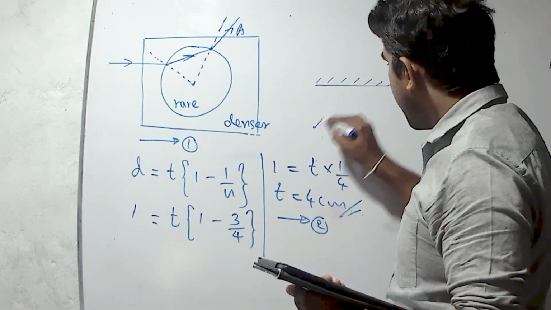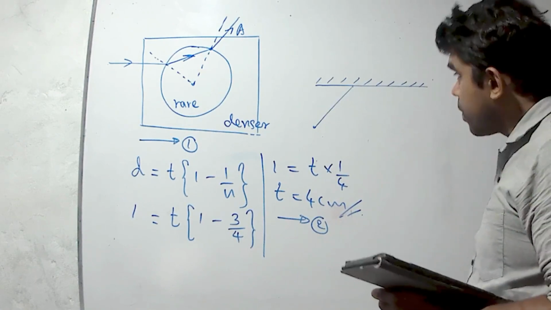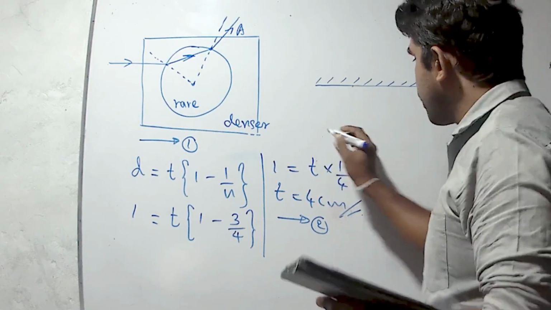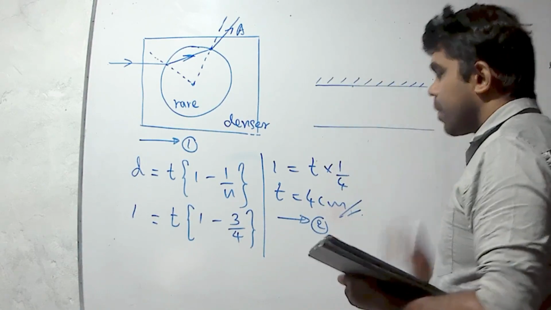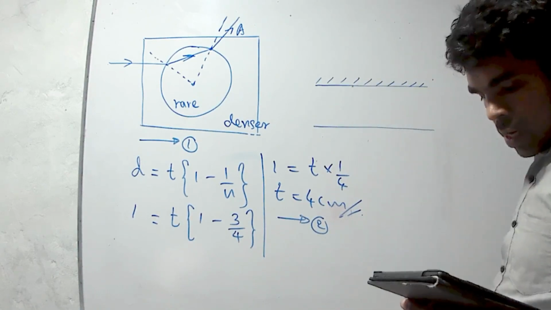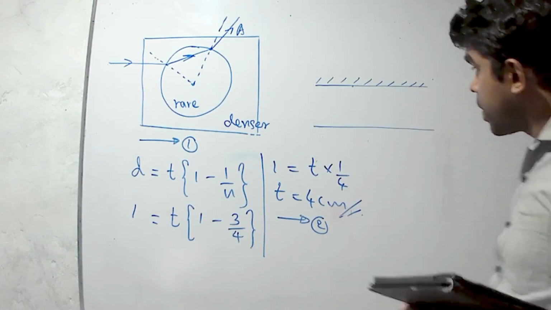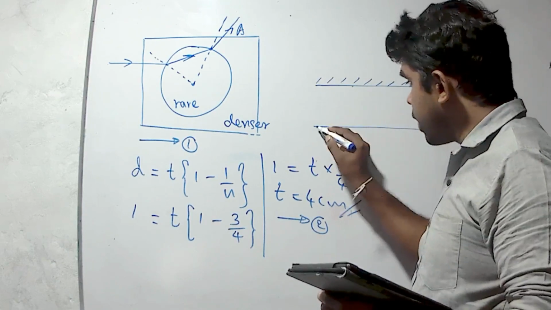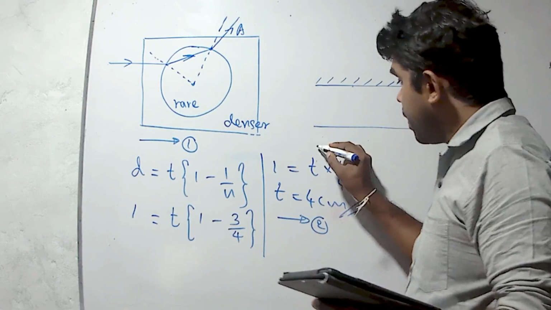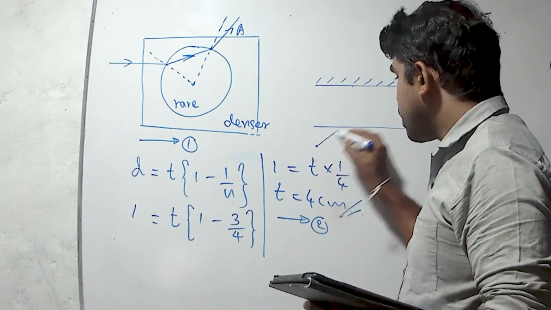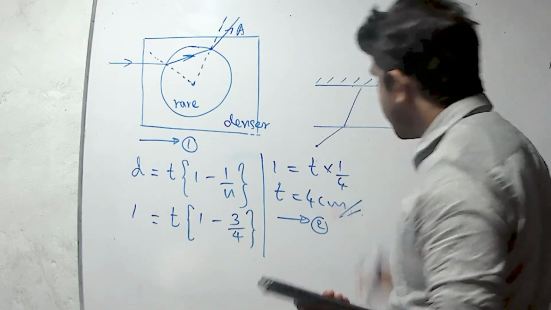For the incident ray, this surface is the silver-plated surface. This surface is the first surface of the mirror. Then the light ray is refracting at this place.